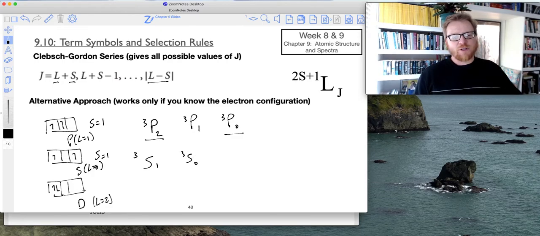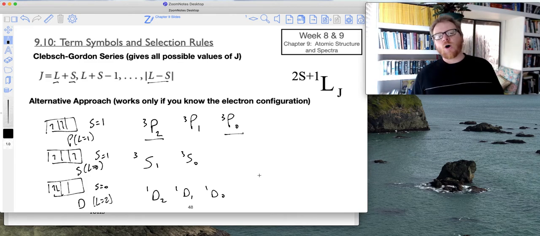And now finally, if we look at this D state, we've got the letter D right there. We recognize that this is now a singlet because they're paired up. So S is equal to 0. And so now I could have a singlet D2. I could have a singlet D1 and a singlet D0.